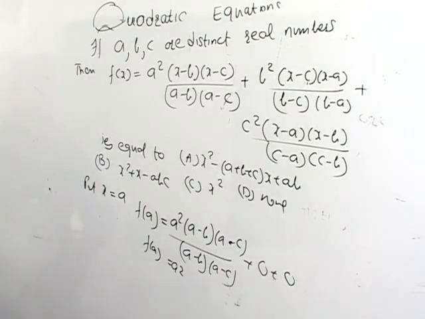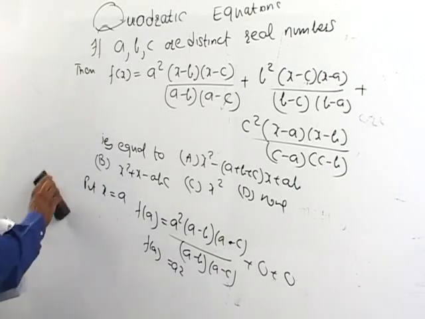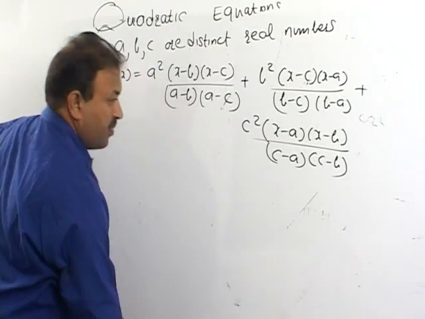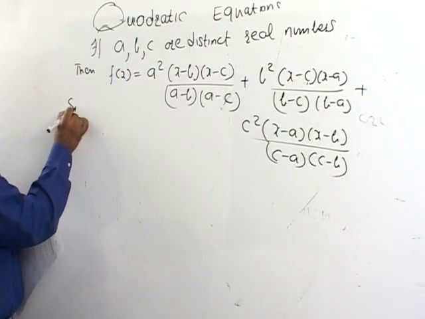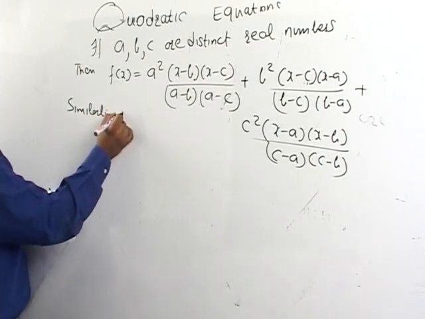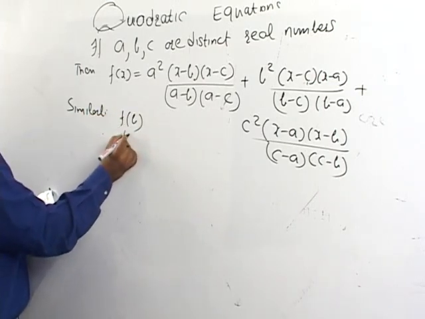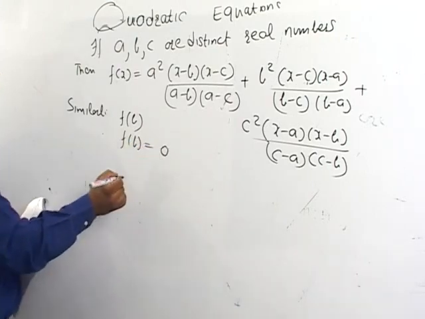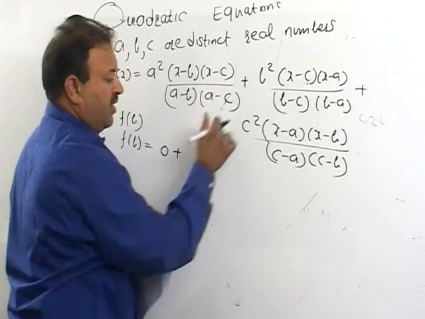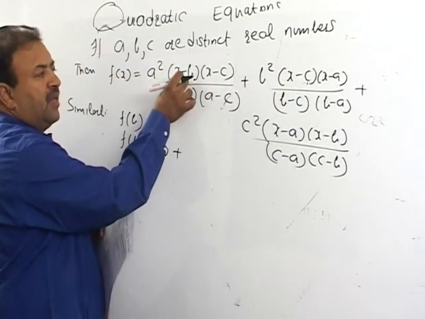Similarly, find f(b). f(b) is equal to 0 plus, we will put b here, b minus b is 0.